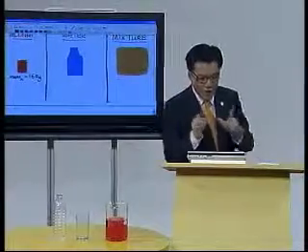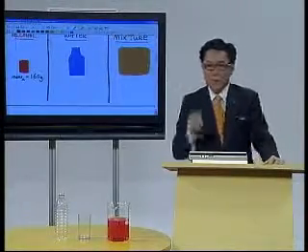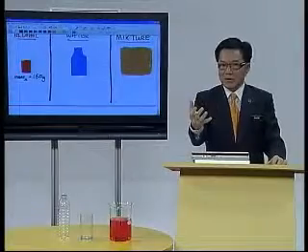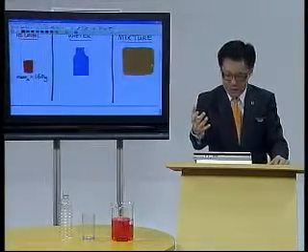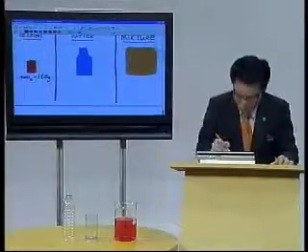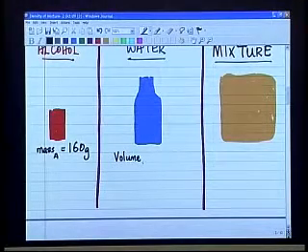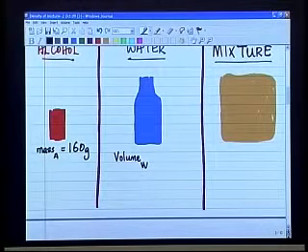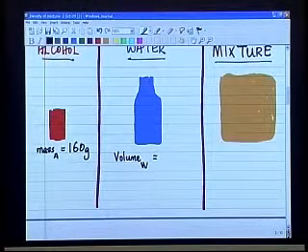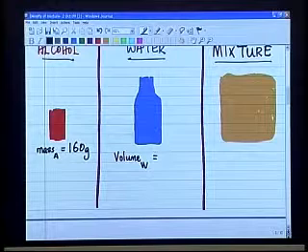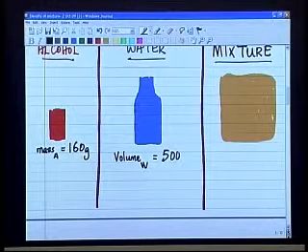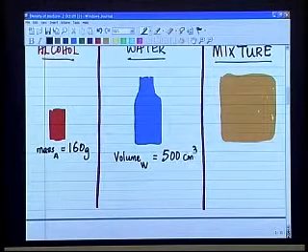Nothing is in it. Okay, now look at the water. What is given about the water? What do we know about the water? The volume. So you write down volume of what? Water, you put W. Alright, so the volume of the water is given as 500 cubic centimeters. So we write this down.